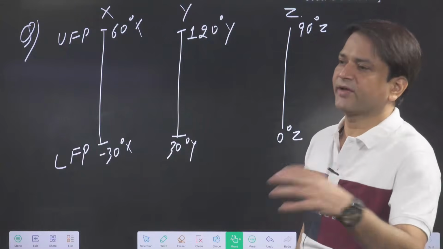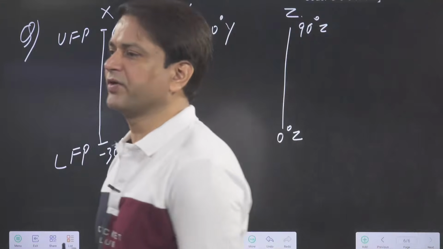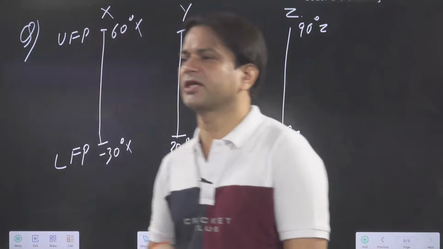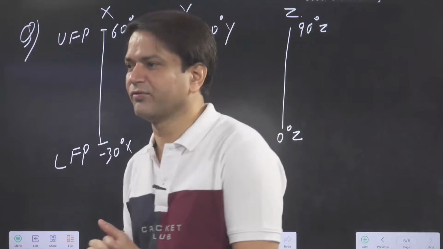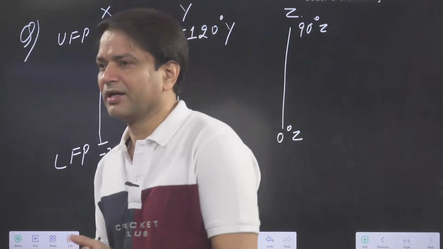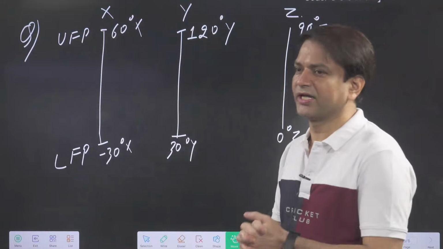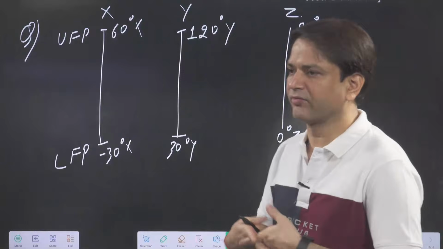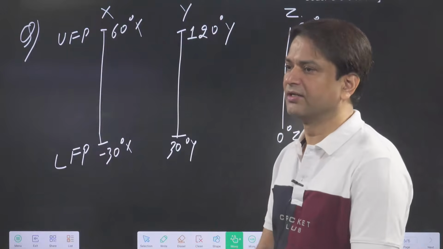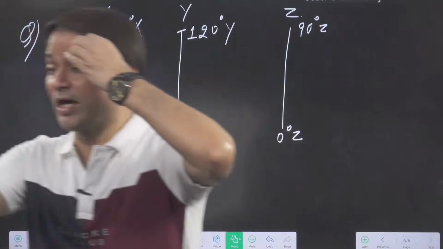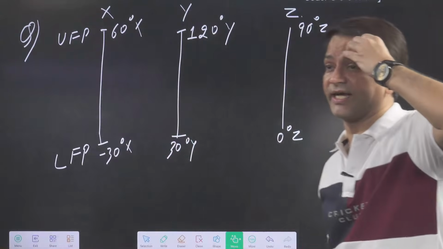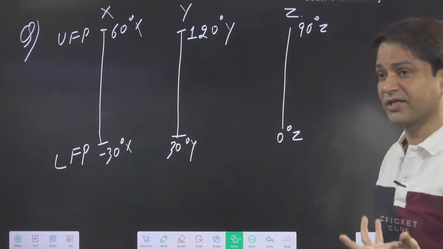One thing: if I am talking about the number of divisions, in which scale is the number of divisions more? In which of the 3 scales is one division a bigger value? We can say all are equal. Why? Scale X has how many divisions? 90.